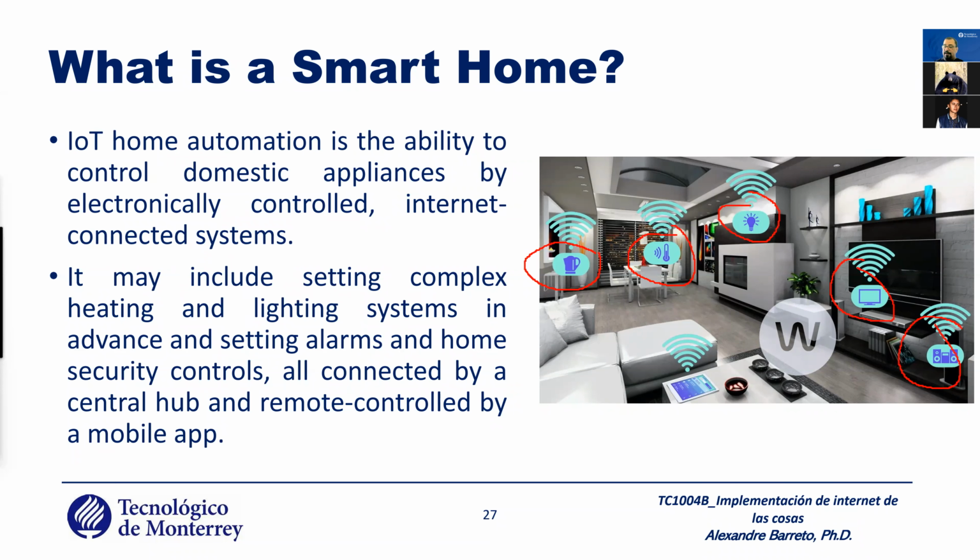You can have fog detectors, carbon detectors, and others inside. The main idea of the smart house is to provide security, safety, and comfort.